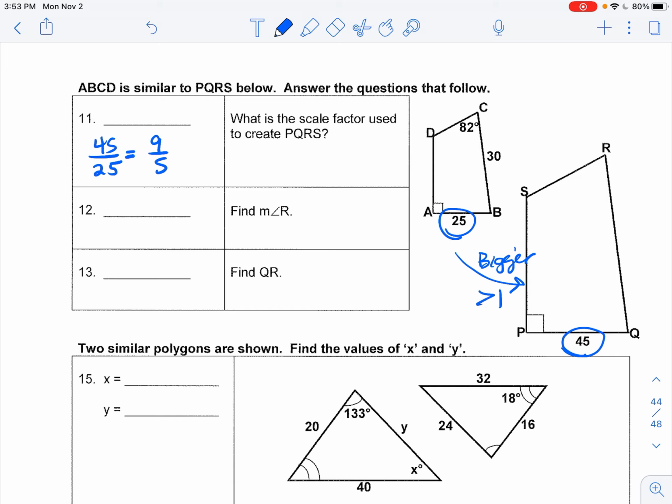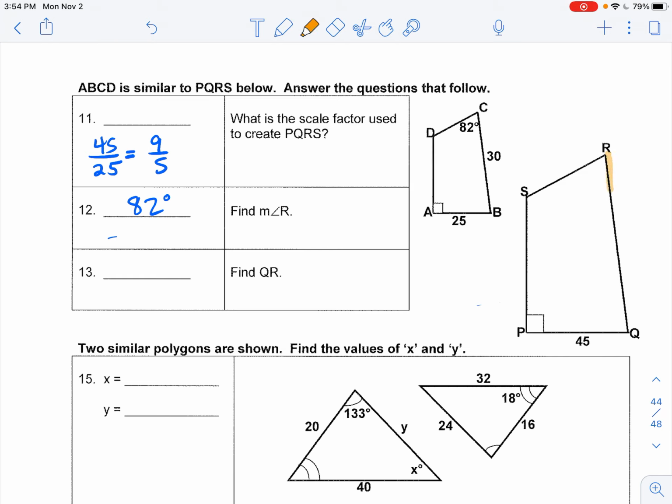All right, question 12. Find the measure of angle R. Well, let's see. R is similar to C, so that would be 82. Question 13, find QR. Let me clean this up just a bit.